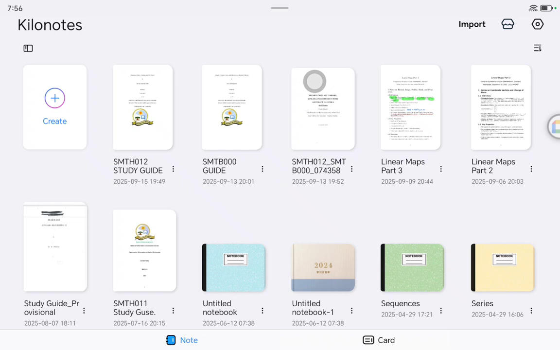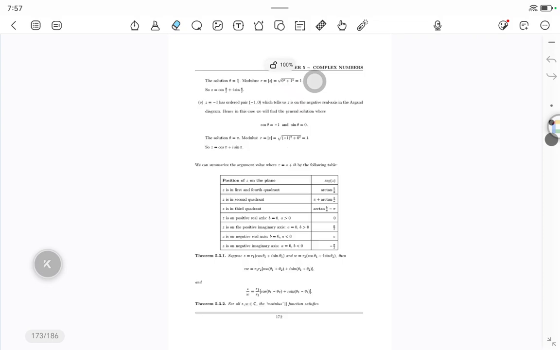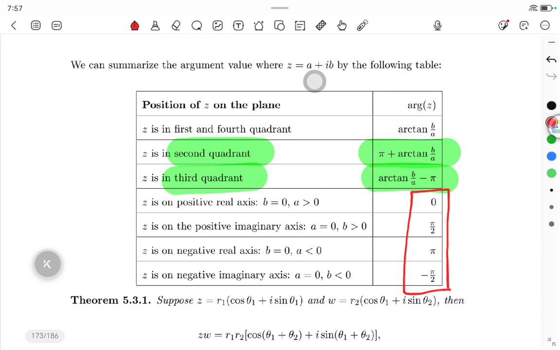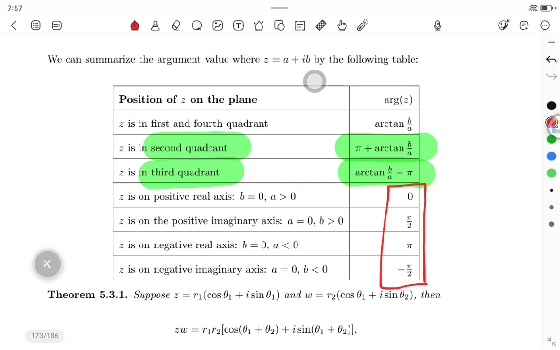I think it's just written down in the form of a table. Yeah, you see in the second quadrant you add. Then the third quadrant you subtract. That's the only different thing. Then the rest I've put them in the form of a plane where a is 0, b is greater. We're talking about here. It's pi over 2.